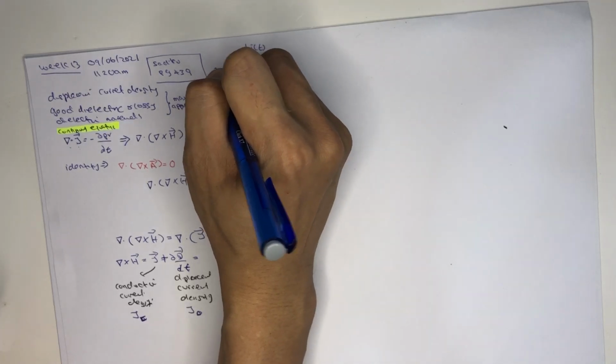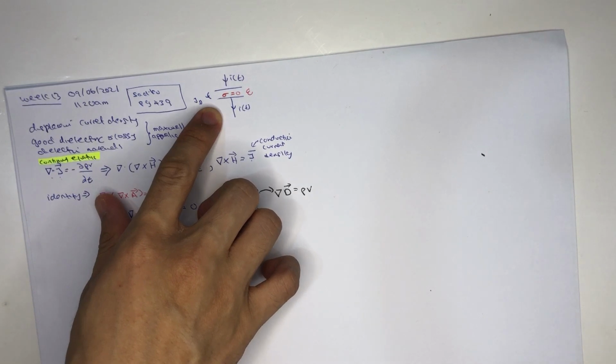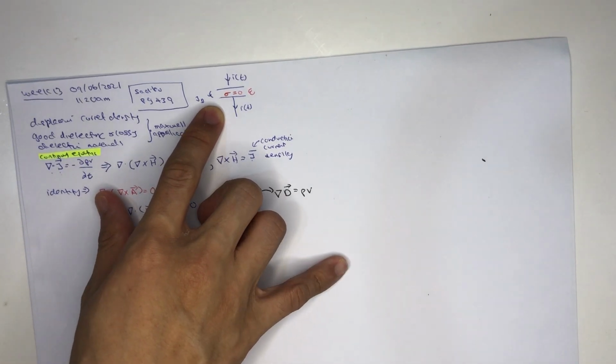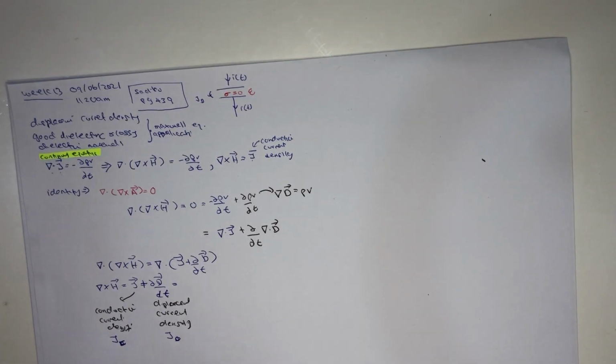So this displacement current density, you can relate it with everyday life applications. For example, we want to transfer a signal from point A to point B over a wireless connection. One of the wireless media that we have, and you also know, is air, open air. This is a medium which is a dielectric.